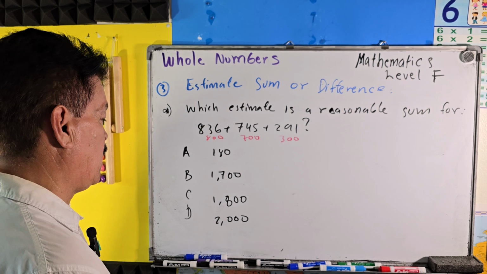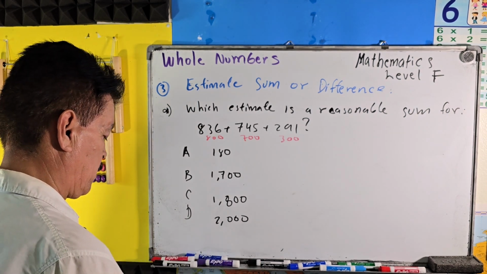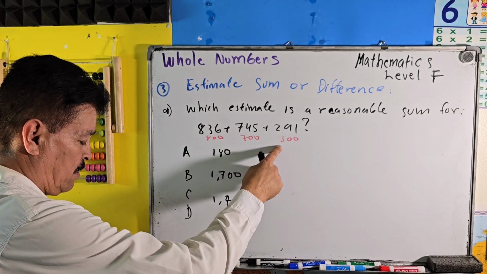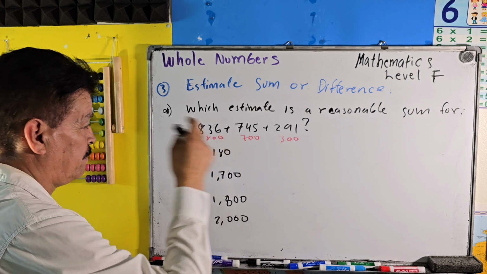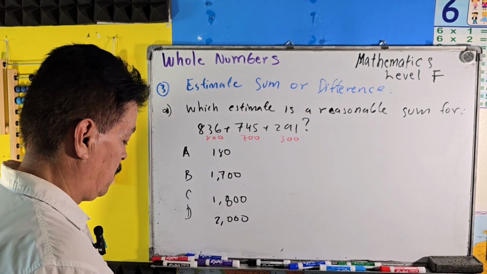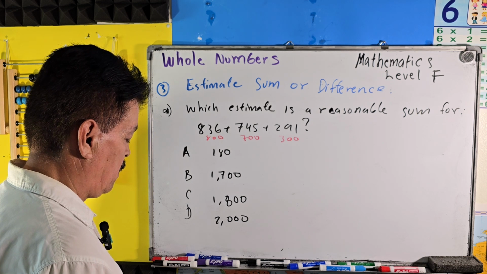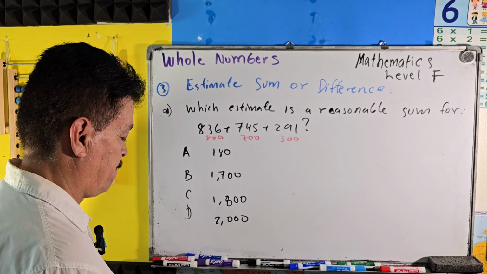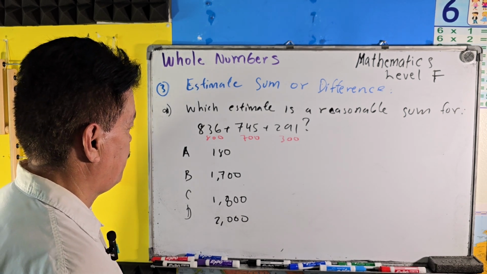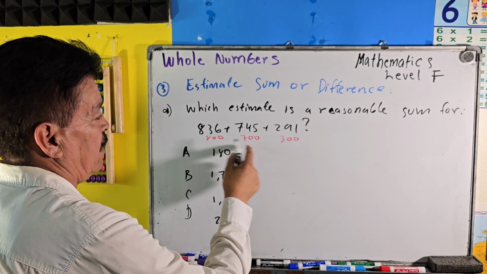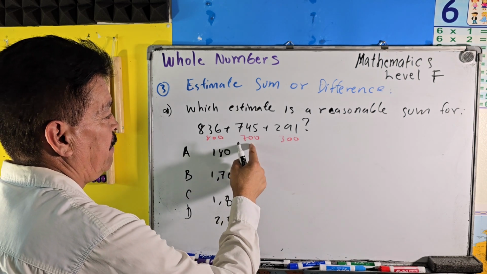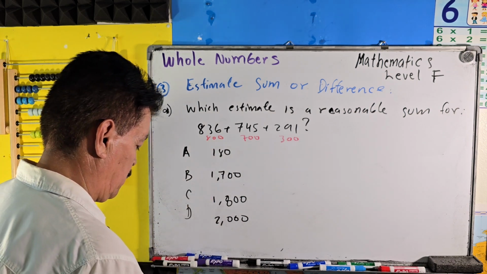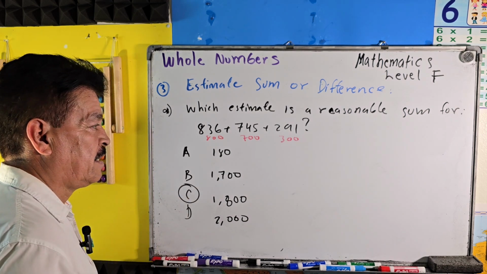So what will be the answer? 800 plus 700 is 1,500 and 300 is 1,800. 1,800 is the right answer, right?